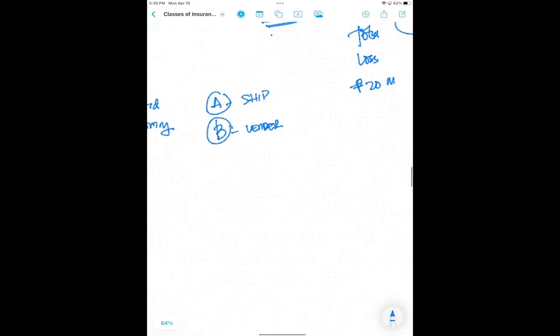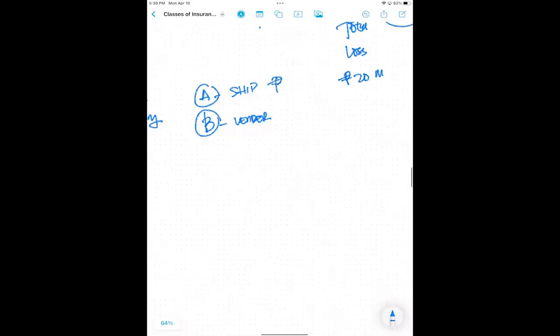Let's say, for example, the ship is worth 20 million and B lent A 20 million. Okay?